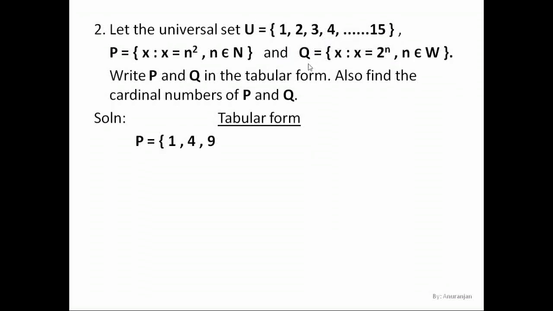Okay, so we cannot have the element 16 in this set, because the universal set is up to 15 and not more than that. So we have to stop here. So the elements of this set P will be 1, 4 and 9.